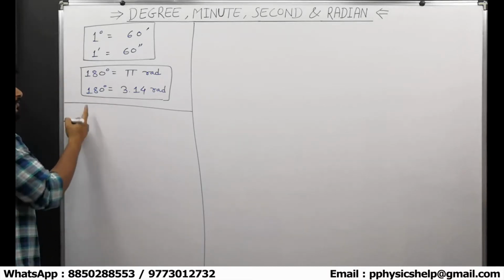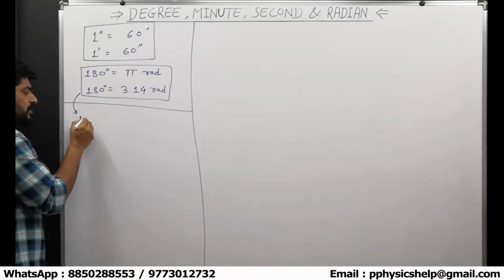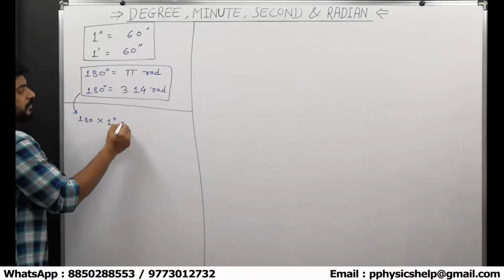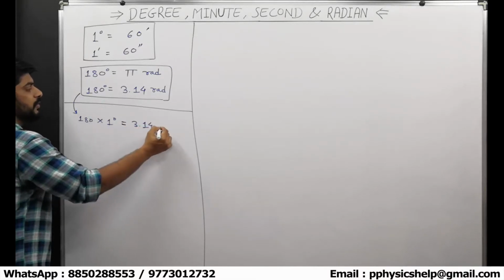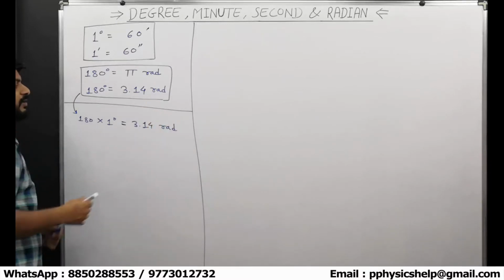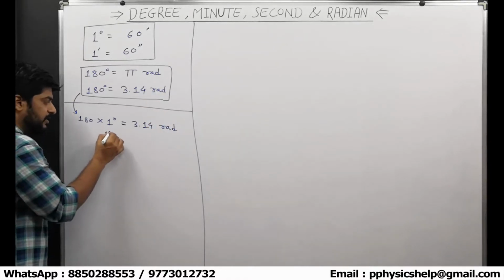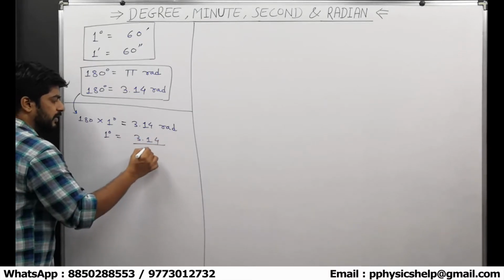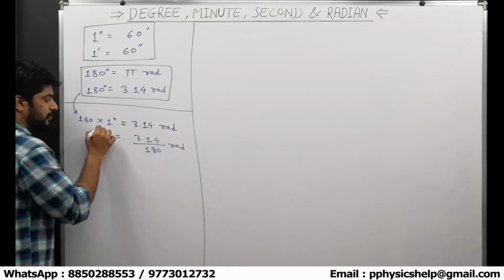From this equation we can write 180 times 1 degree is equal to 3.14 radian. Or we can write this as 1 degree is equal to 3.14 divided by 180 radian.